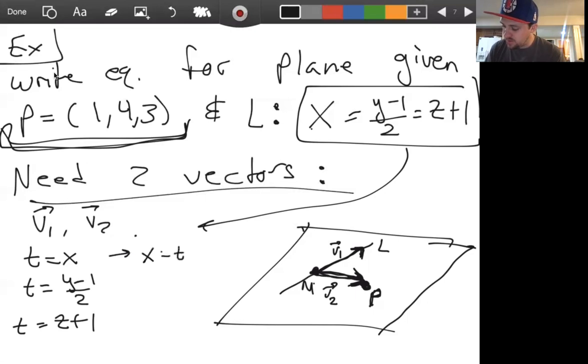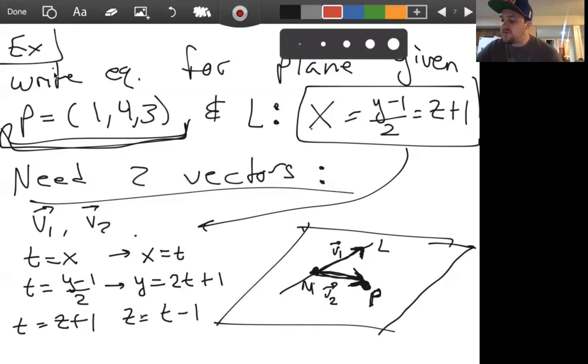We have x = t, right? The second one, solving for y, we have y = 2t + 1. Then z is just t - 1.